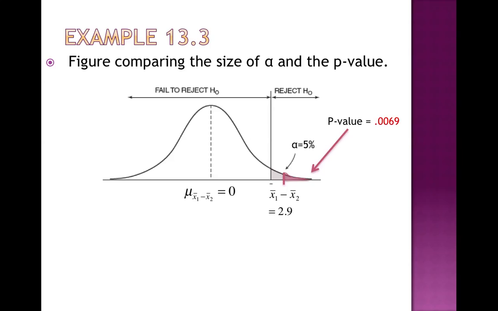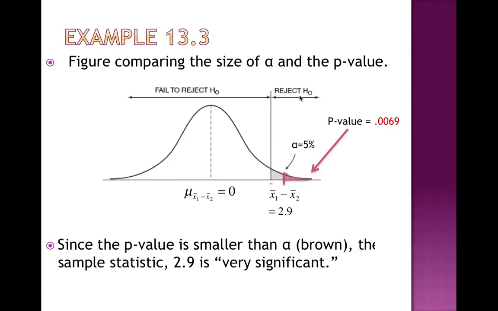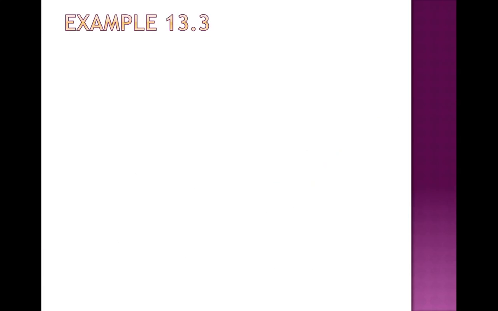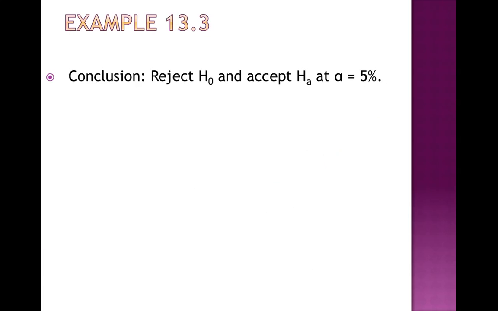So it's definitely smaller and it fits inside alpha, and it indicates therefore that 2.9 is in the reject region. It's in the region where we can reject the null hypothesis, and it's very significant because it's smaller than 1%. So our conclusion is to reject H0 and accept HA at alpha equal 5%.